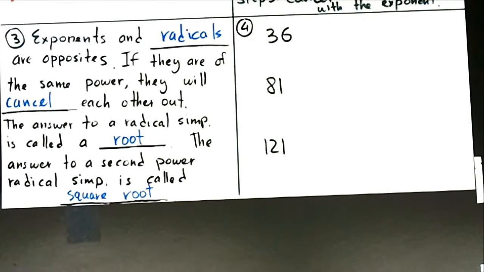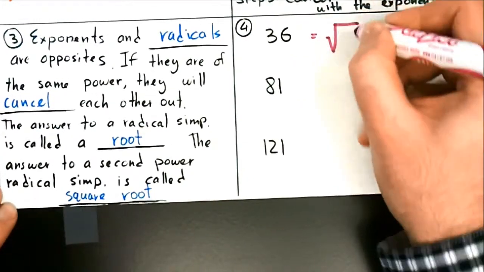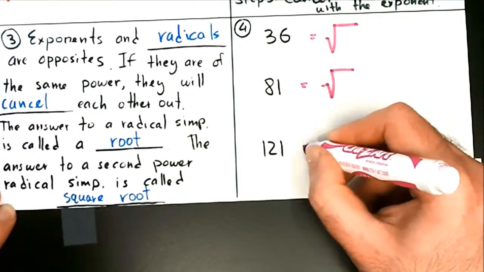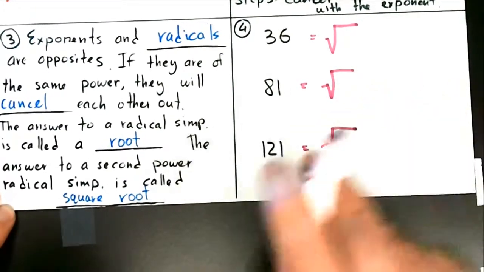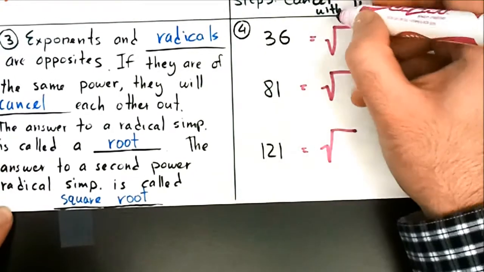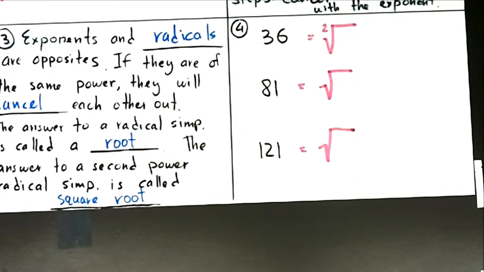If you said put them all underneath the radical of second power, I would agree with you. Because if they're asking for the square root, they automatically want you to find what that is under a radical to the second power. And you can write that too, or you don't have to. 100% optional.